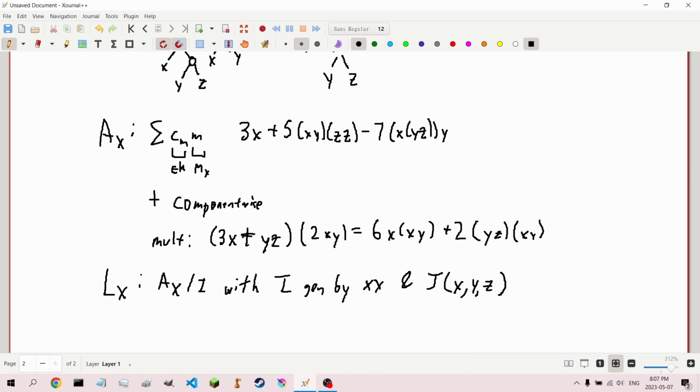So essentially, this looks much like the free algebra, except that whenever you have a string with two adjacent equal elements, whenever you have a square in it, that term is going to disappear. And likewise, you can apply the Jacobi identity.